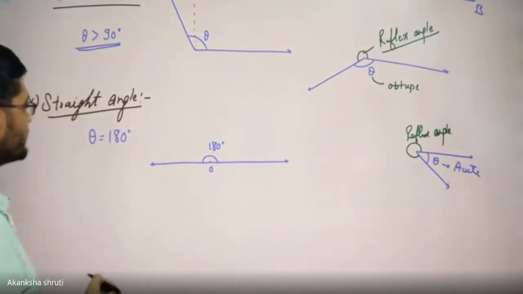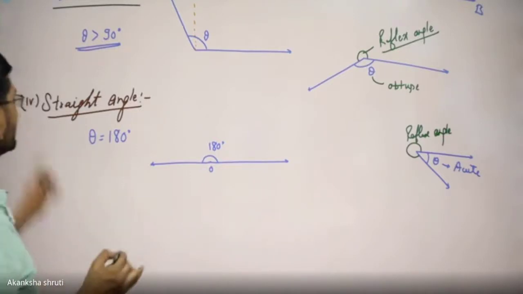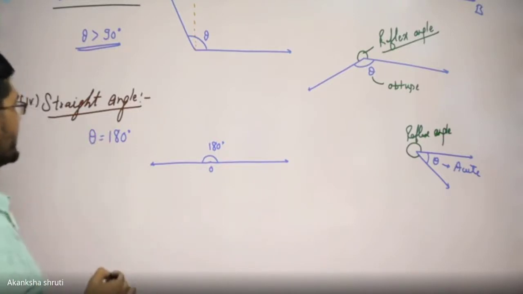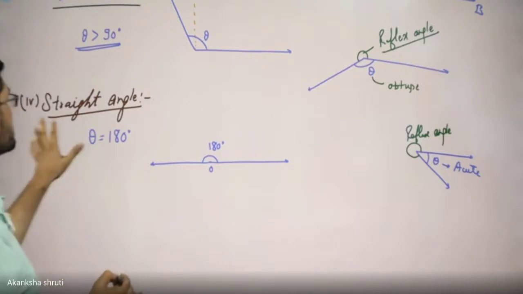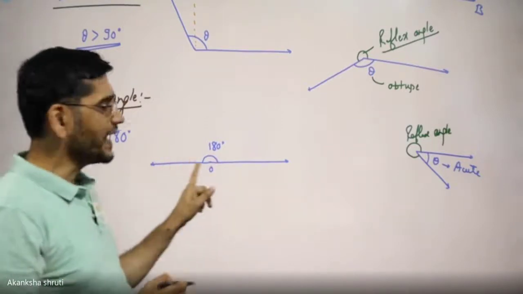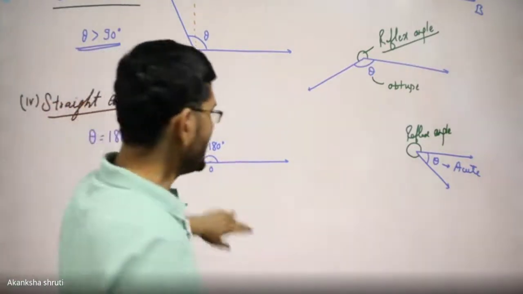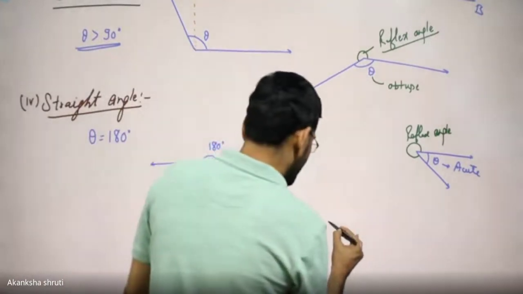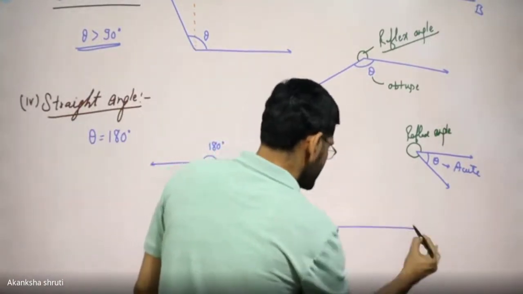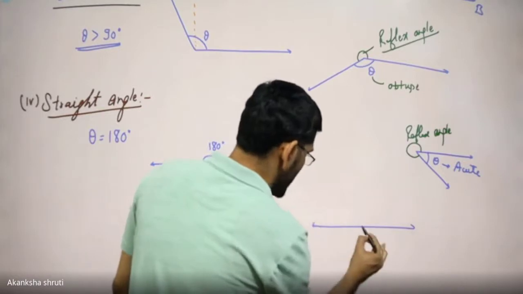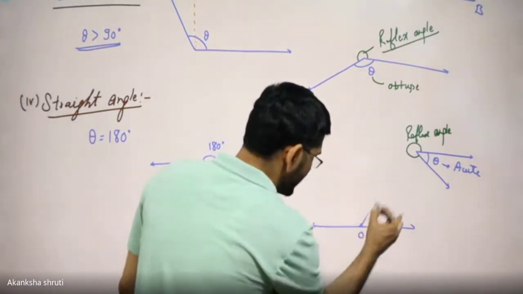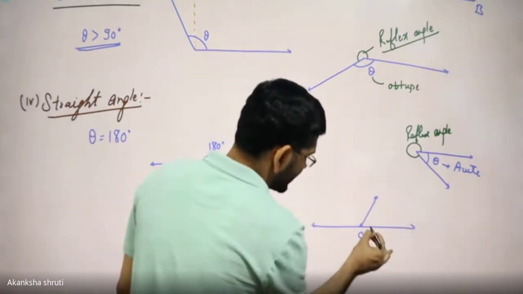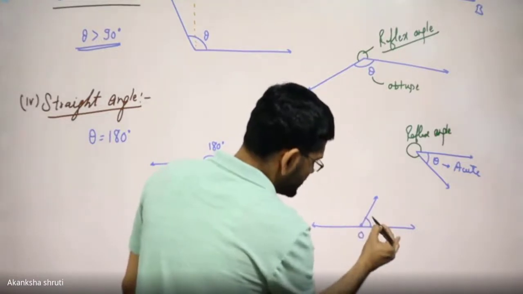So exactly 180 degrees is called a straight angle. Students, it is for one angle. We will learn later that if we are considering, say, this point O, and here another angle is there, this will be some value.